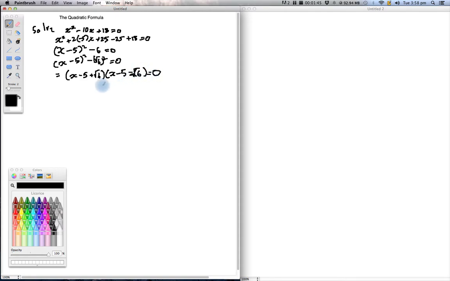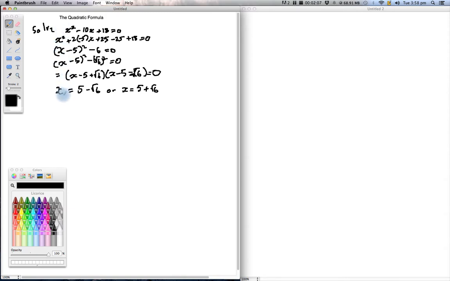Now using the null factor law, our solutions are either x equals 5 minus root 6 or x equals 5 plus root 6. Okay, so there we go.